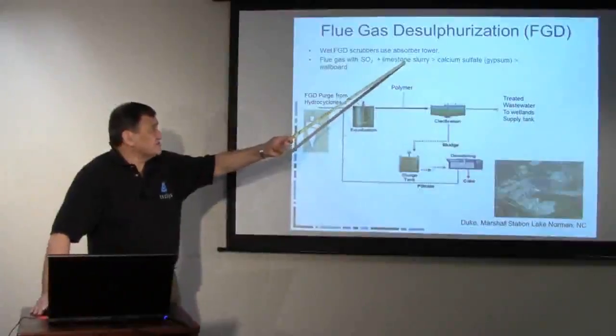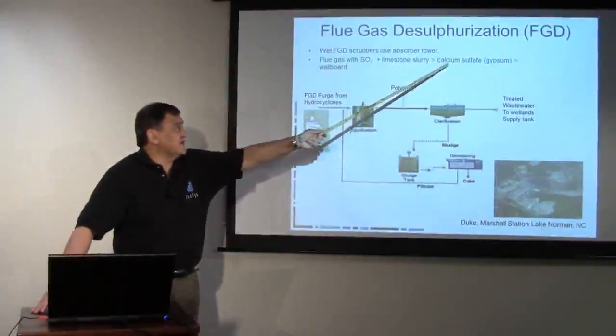One of the other aspects is that we have the sulfur dioxide, and this can vary depending upon the coal type. But basically the way to get that out is they mix it with a limestone slurry and they convert it to calcium sulfate.